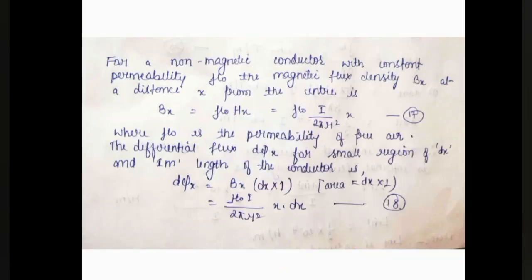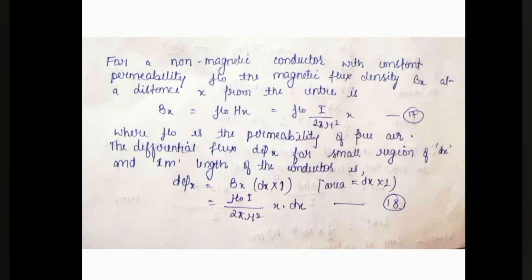See, for a non-magnetic conductor with constant permeability mu0, the magnetic flux density Bx at a distance of x from the center. Now we are going to find out the magnetic flux density. And what is the formula for magnetic flux density? That is Bx equals mu0 Hx. What is mu0? Mu0 is the permeability of free air.